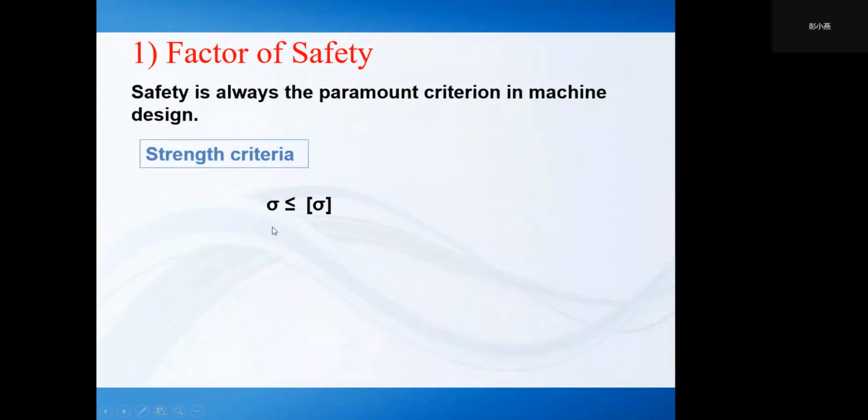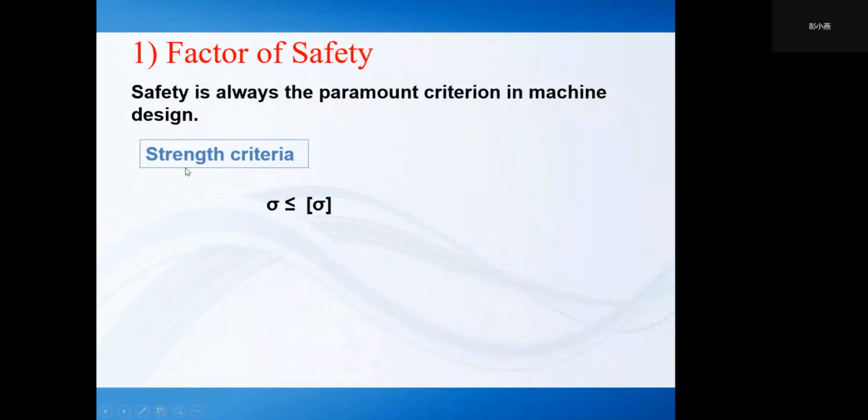And the design criteria commonly used against the previously discussed failure modes include strength, rigidity, life, and wear criteria. First, let's see the strength criteria.